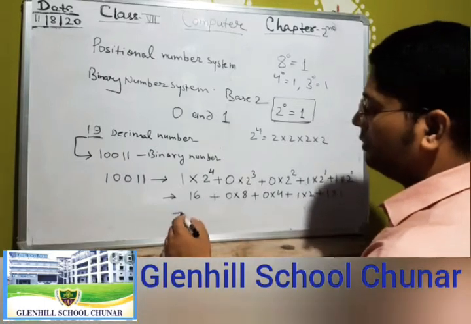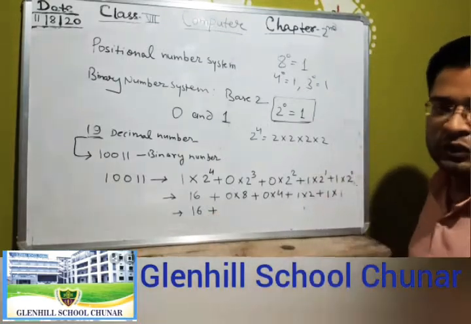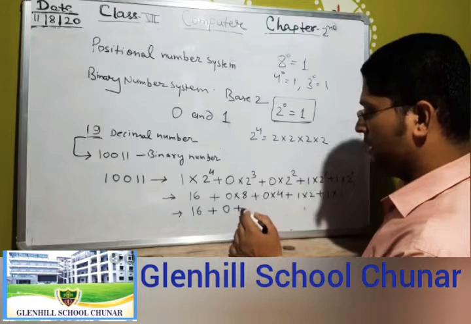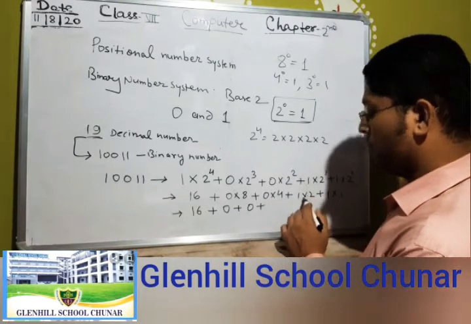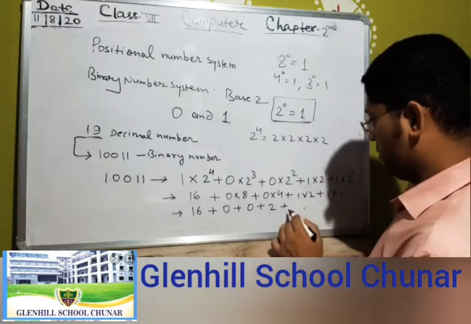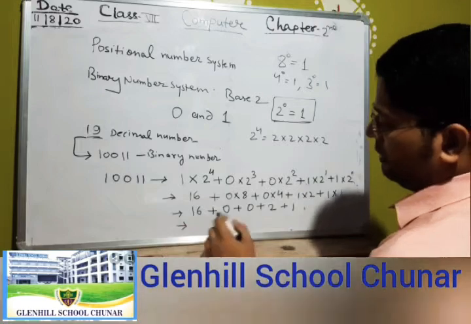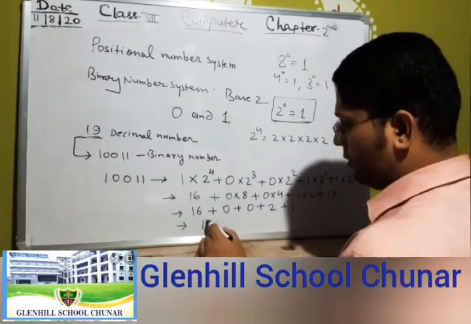So add: 16 plus 0 into 8 is 0, plus 0 into 4 is 0, plus 1 into 2 is 2, and 1 into 1 is 1. So 16 plus 2 is 18, 18 plus 1 is 19.